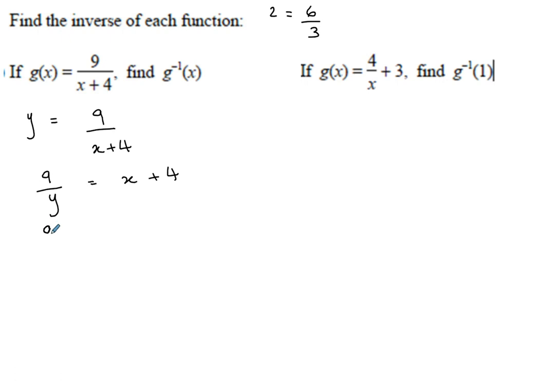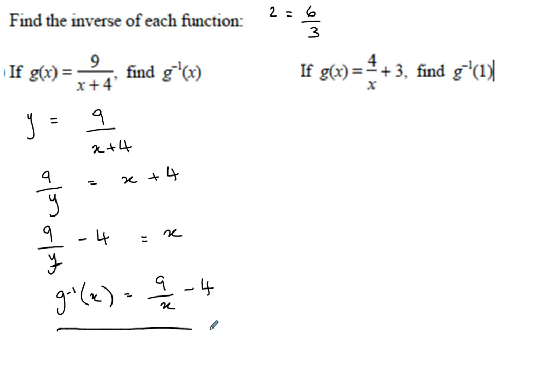So we go 9 over y, minus 4, equals x. And wherever we have the y, we go put the x back in. So g inverse of x equals 9 divided by x, minus 4. Good. Right, let's try this one.